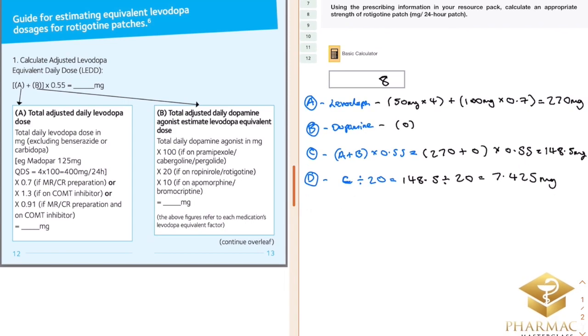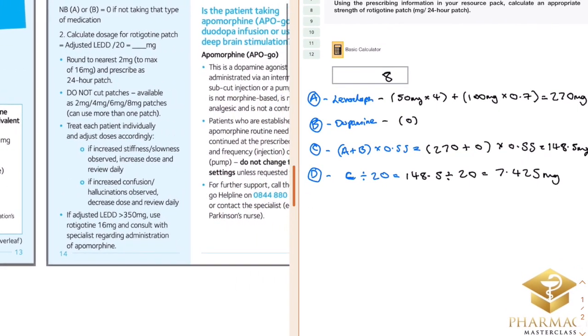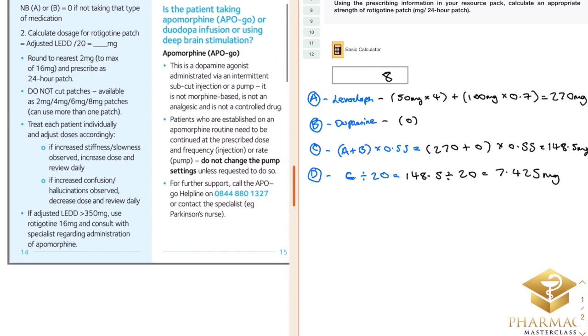Now, in your resource pack, I'm just going to scroll across here to show you, it mentions that you want to round your answer to the nearest 2 milligrams. So let me talk to you a little bit about rounding quickly to the nearest 2 milligrams. If we've got 7.425 milligrams, first of all, what are the numbers that are to the nearest 2 milligrams?